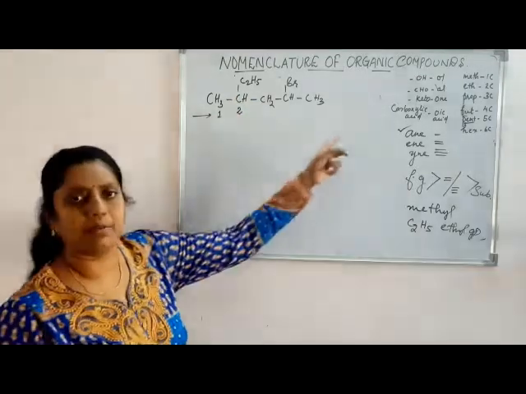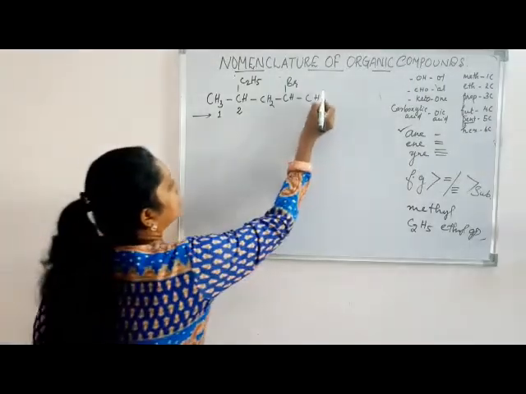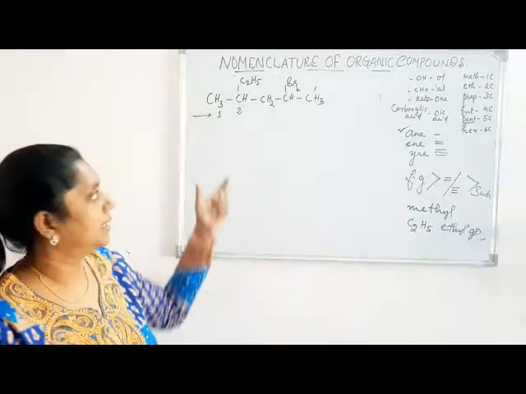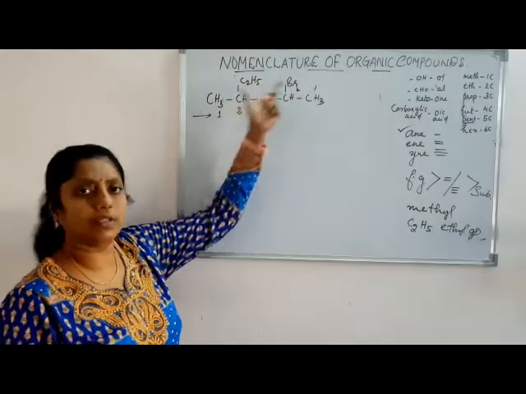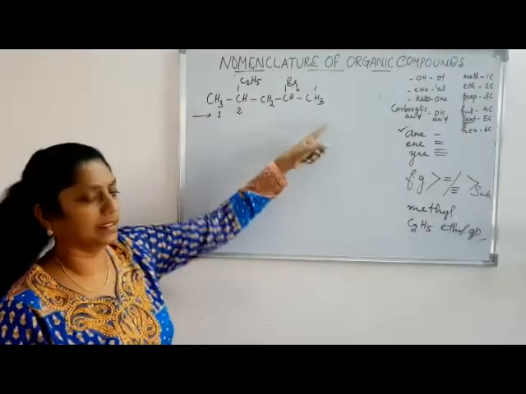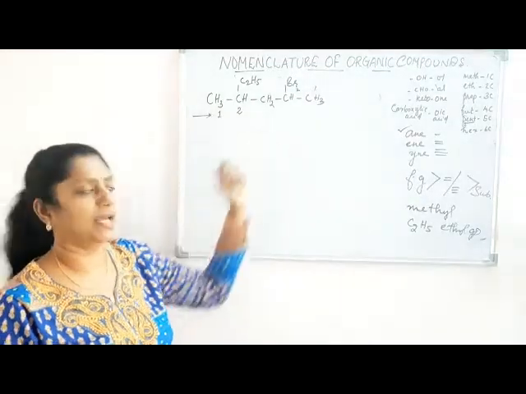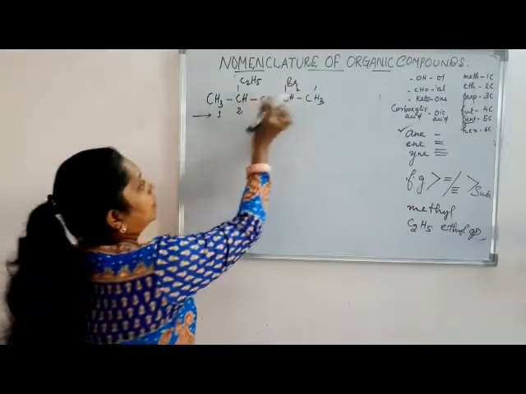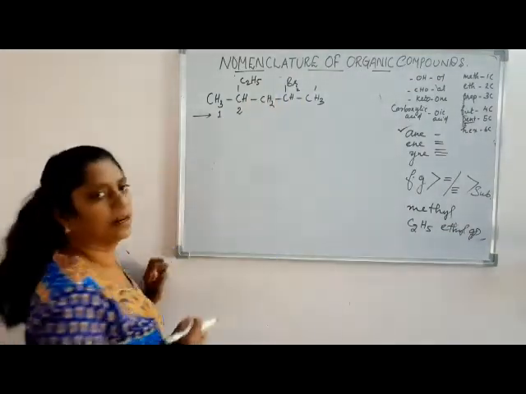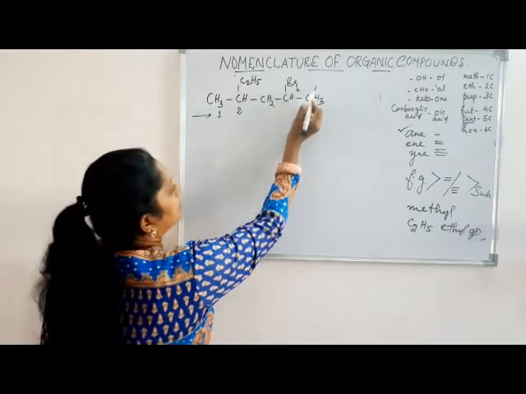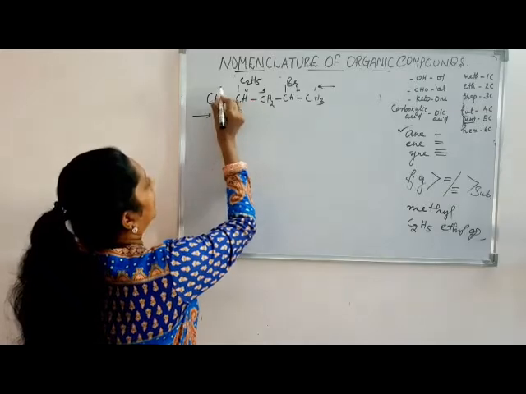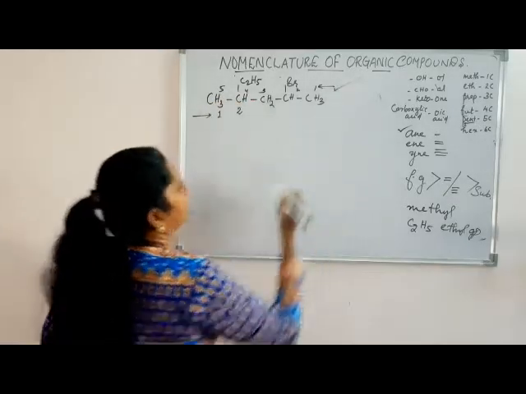If we are numbering from the other side, the bromine atom also gets the number 2. In this case, if both substituents are in the same position, one from this side and the other from the backward direction, then we have to go for the alphabetic order. Alphabetically, bromine will come first. So the numbering should be from this side: 1, 2, 3, 4 and 5. This is the correct way.